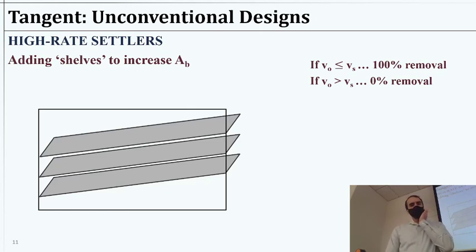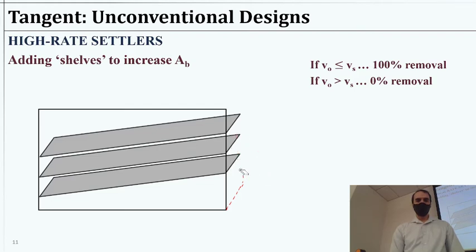Wanted to mention kind of a neat tangent here. You can get a high rate settler by increasing the area of the basin. So if you were to just simply add shelves to your system, you have this. If I can draw, that would be good.